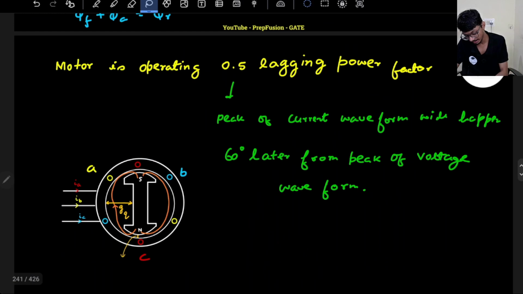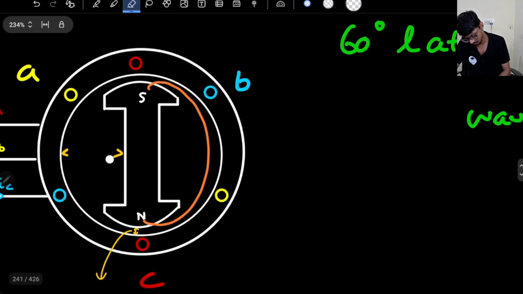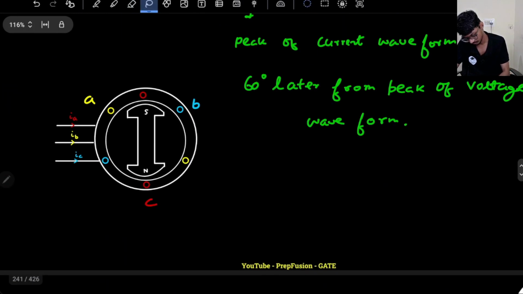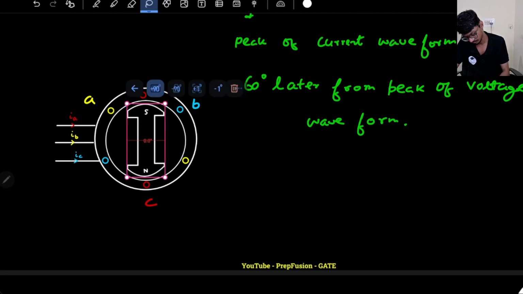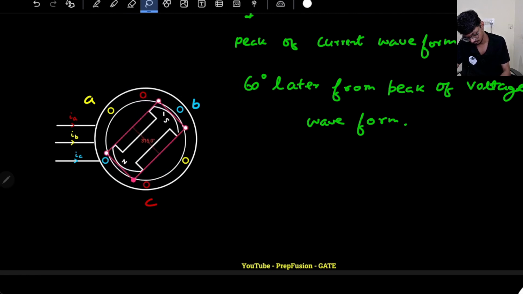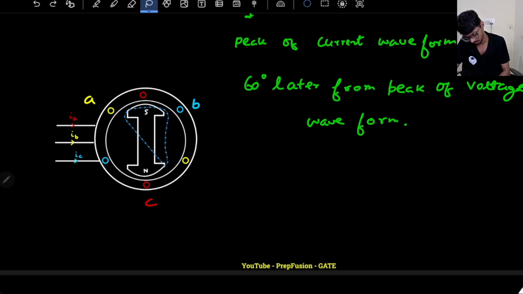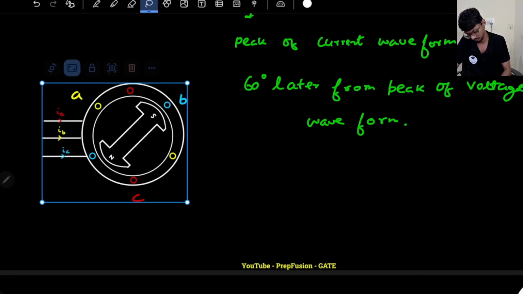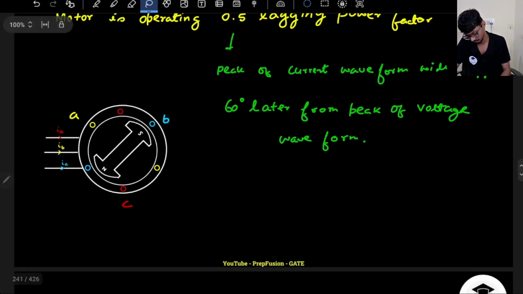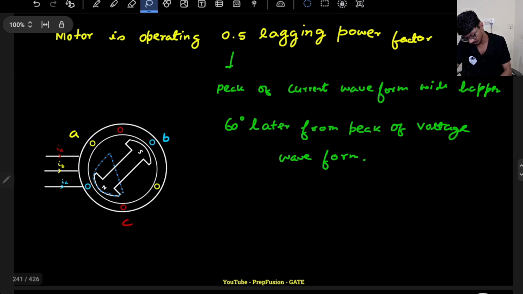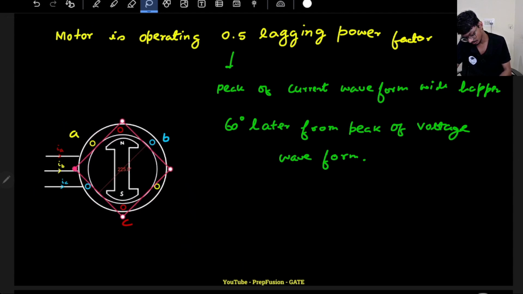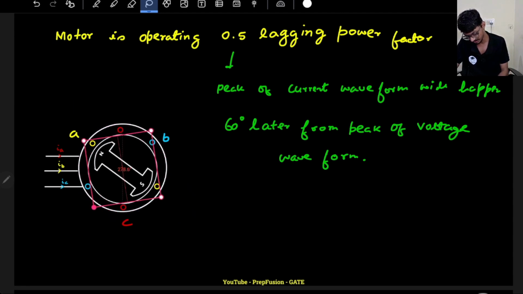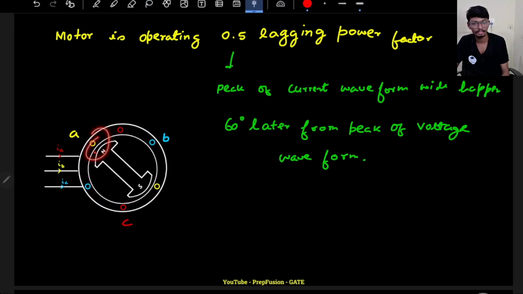And the current will be decided by the armature. So for conductor A, when will the voltage be maximum?